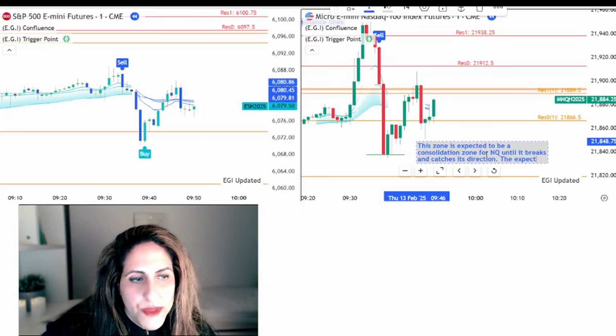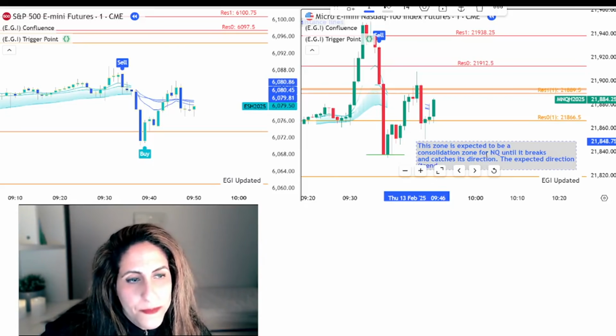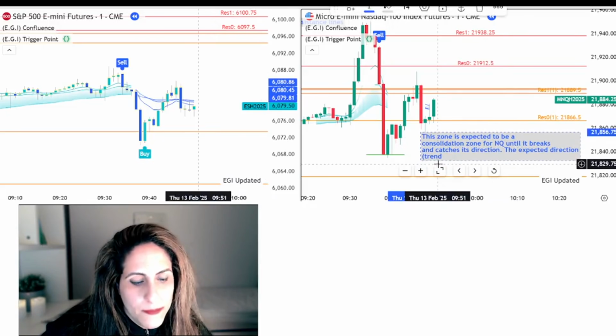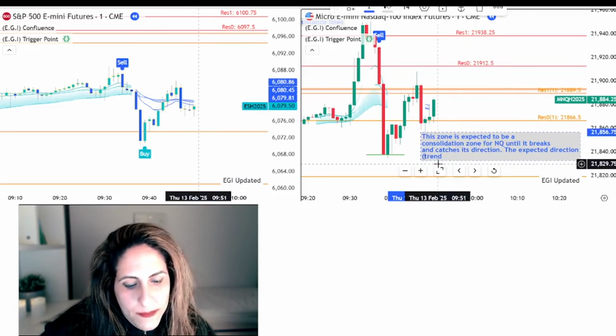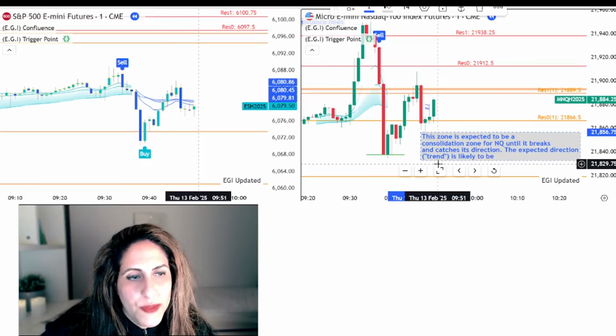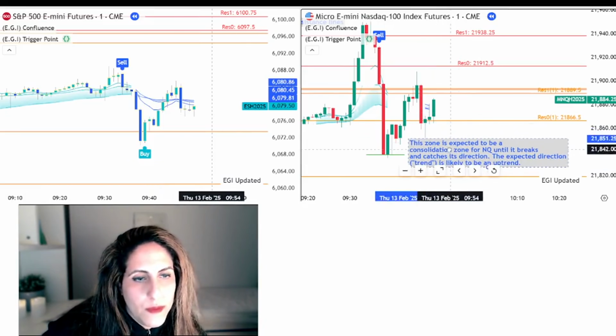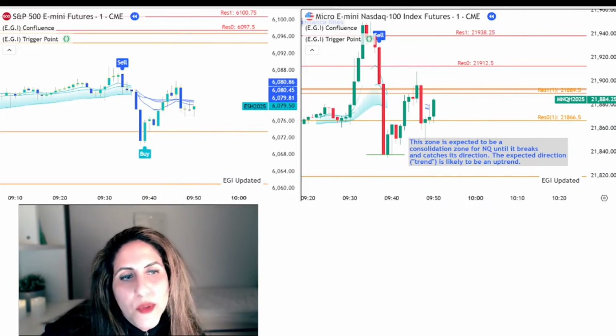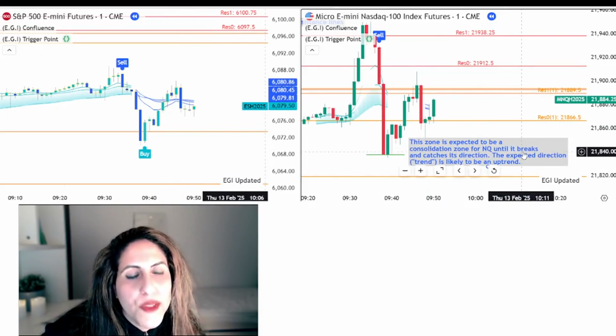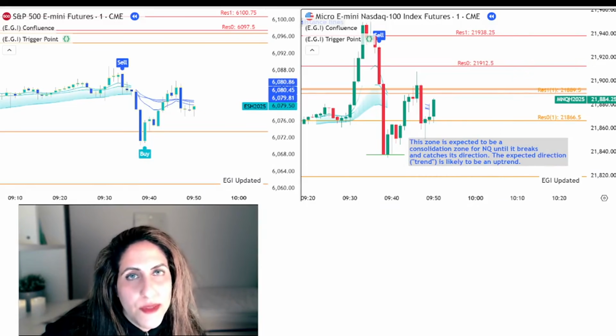The expected direction, what we call trend, is likely to be an uptrend. Okay, so this zone is expected to be a consolidation zone for NQ until it breaks and catches the direction.